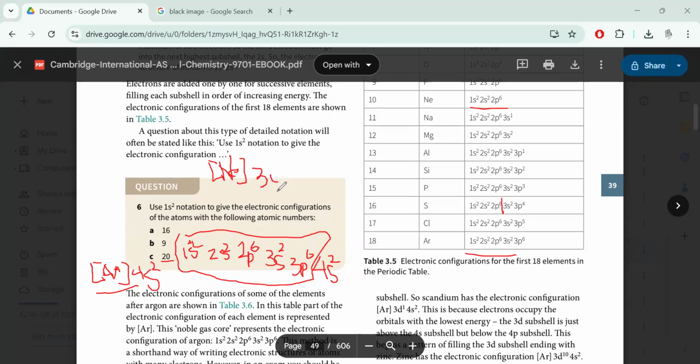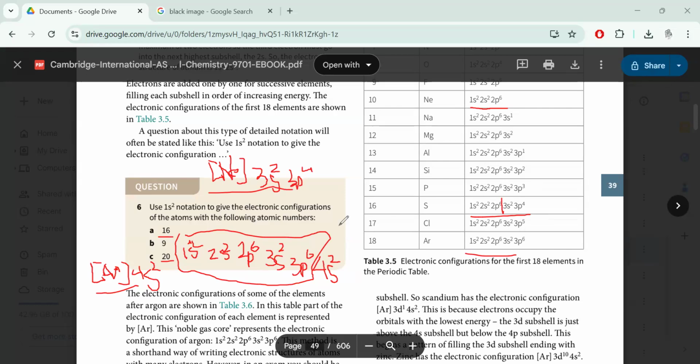So we write Ne, 3s2, and 3p4. So 10 plus 2 plus 4 equals 16. This is a short way to write this instead of writing it all out. It saves much space and time as well.